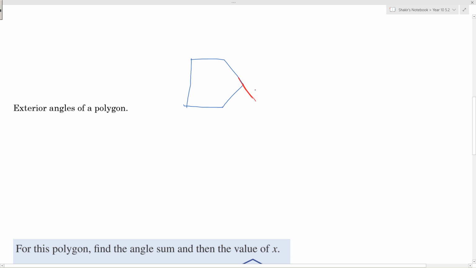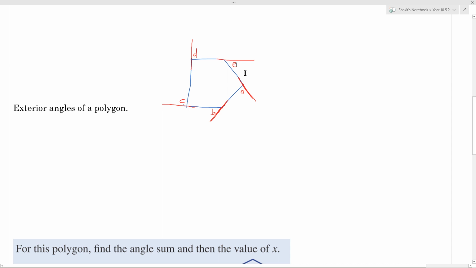Notice that I have created an angle here, A. Similarly, let's extend the next side and I've created another angle, B. Let's extend this side and I've created angle C, then angle D, and then angle E. Notice I have not extended any one side more than once. Every side has been extended only once.